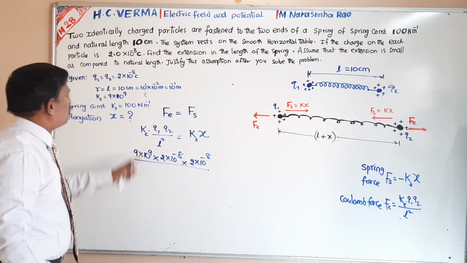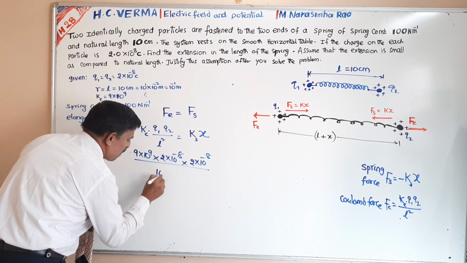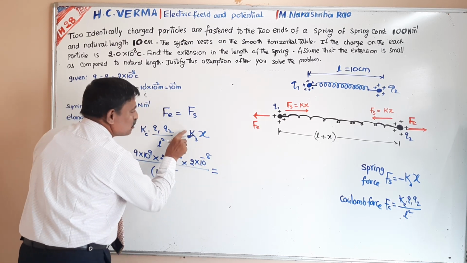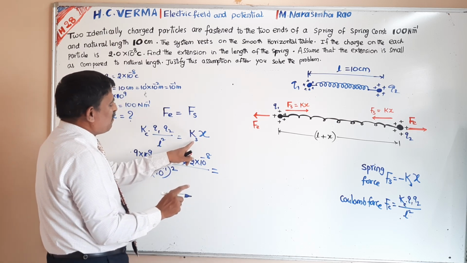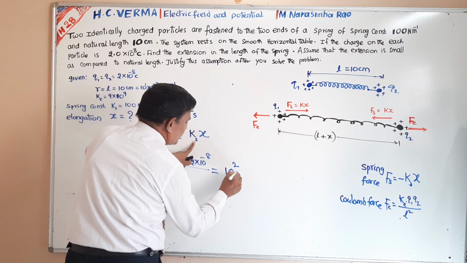I am converting into meter, so L is 10^-1 meter, squared. The spring constant they have given as 100, which I am writing as 10^2.